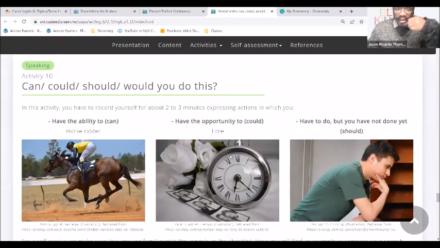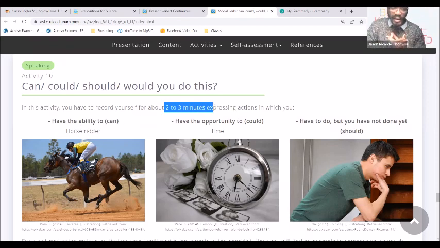And in the speaking section, I want you to record a 2 to 3 minute audio expressing your actions, considering 1, your ability. For example, I can ride a horse. I learned to ride horses in Tabasco. I could ride more horses if I live in Tabasco, but I don't. I live in Mexico City.